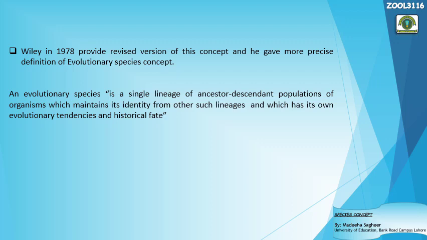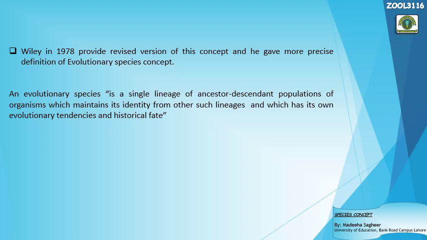The second lineage projecting out of the evolutionary tree shows a different species, which has its own evolutionary tendencies and historical fate. Evolutionary tendencies means that every species, at its ancestral time, before evolution, had different tendencies or capacities to evolve in different ways.